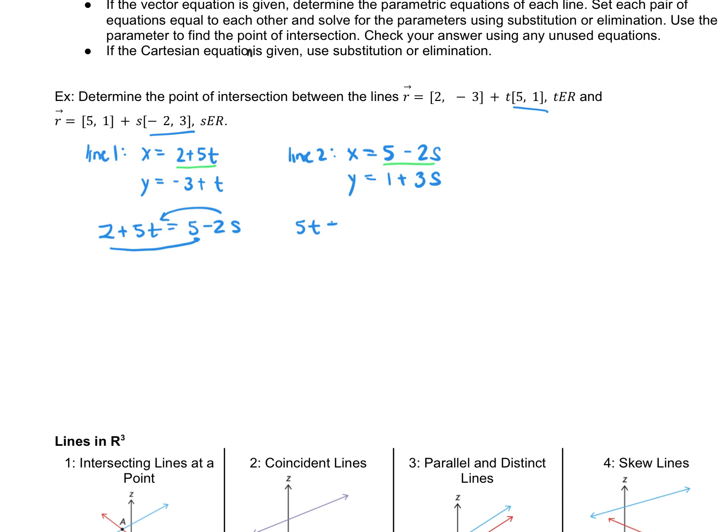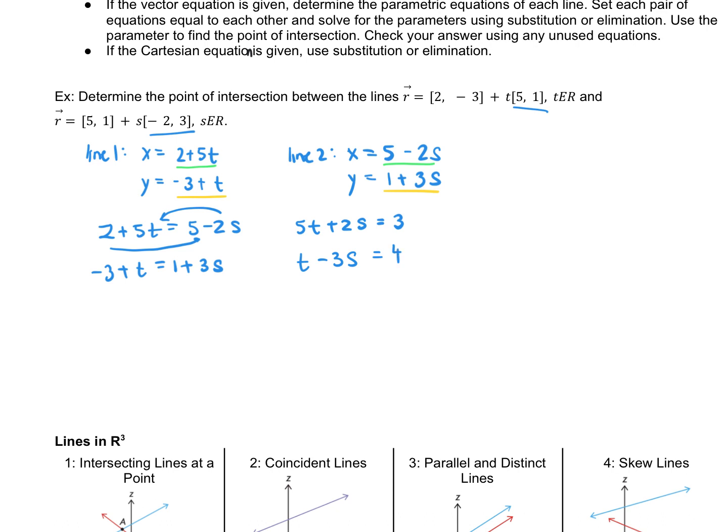So 5t plus 2s equals 3. And I have two variables there, so I need another equation. So I will also set the y's equal to each other. And again, I'm going to clean it up. So bring the 3s over, bring the negative 3 over, and here we are.